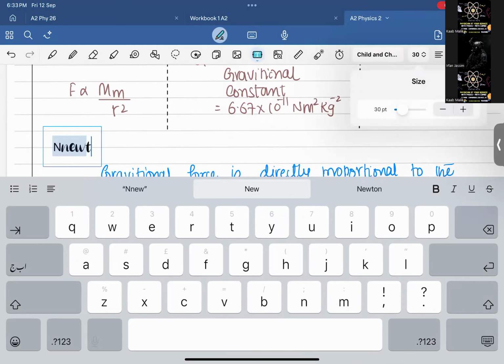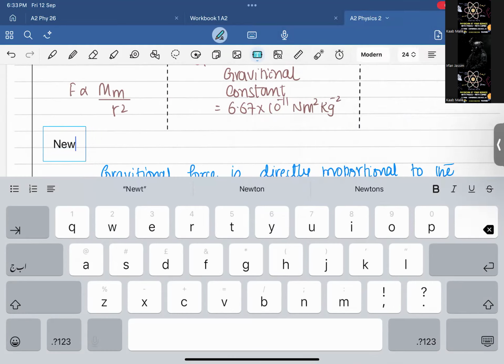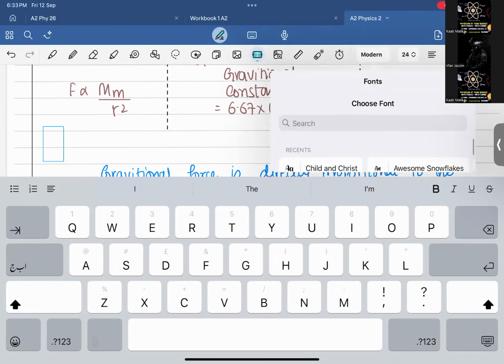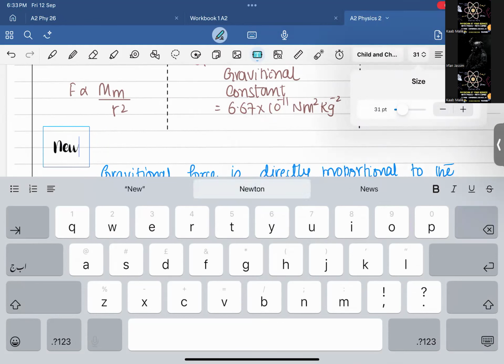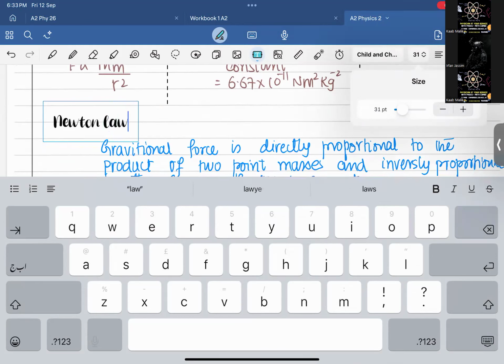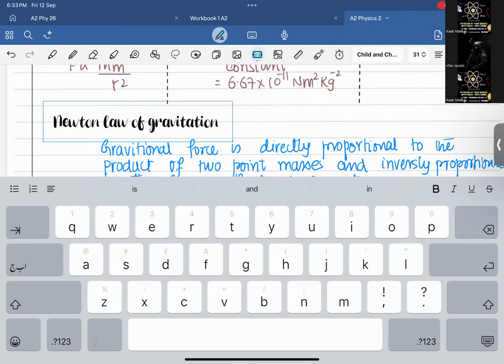So this is the Newton's law of gravitation.